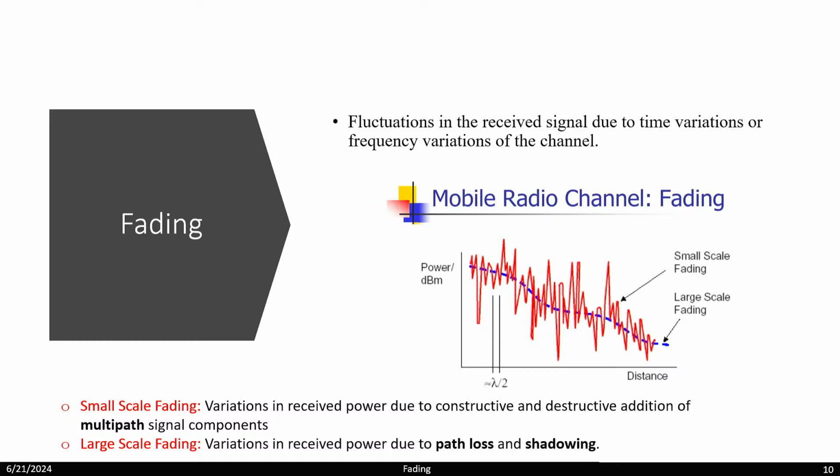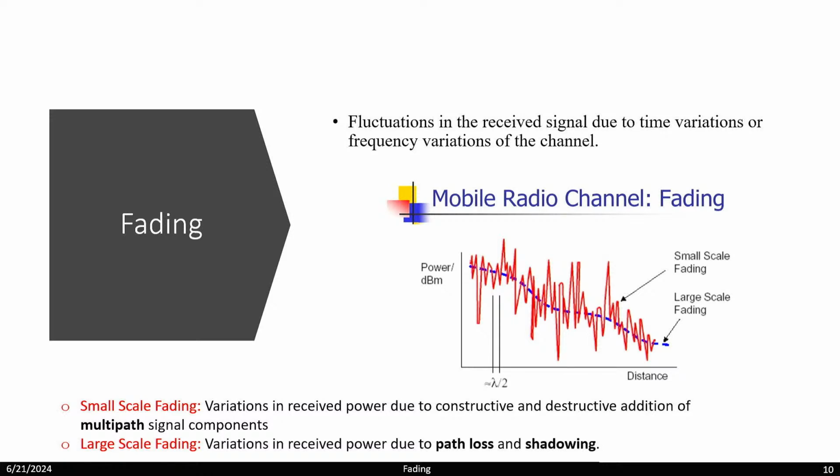Let's say the receiver will receive only 0.2 watts or something. So retrieving the information will be very difficult for the receiver, and we have to come up with very robust techniques at the receiver to decode the information.